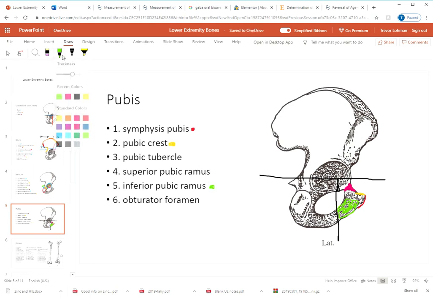All right, and let's label those. And then lastly, for the coxal bone, our last structure is the obturator foramen, this big foramen right here. And that's it. Let's take a look at the model.